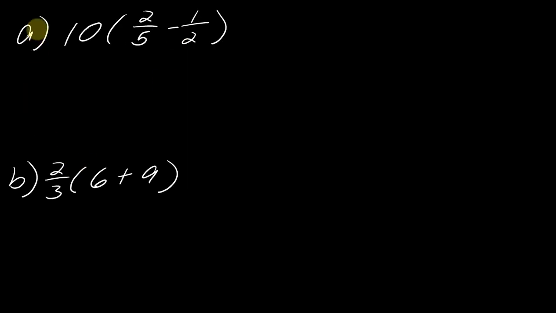So here I've got examples A and B, and they're very different actually. I want you just to appreciate how different they are. So in A, think about what the order of operations would tell us to do. The order of operations would say that we have to subtract this first because it's inside the parentheses. And that kind of sucks because then you have to find a common denominator and all that.